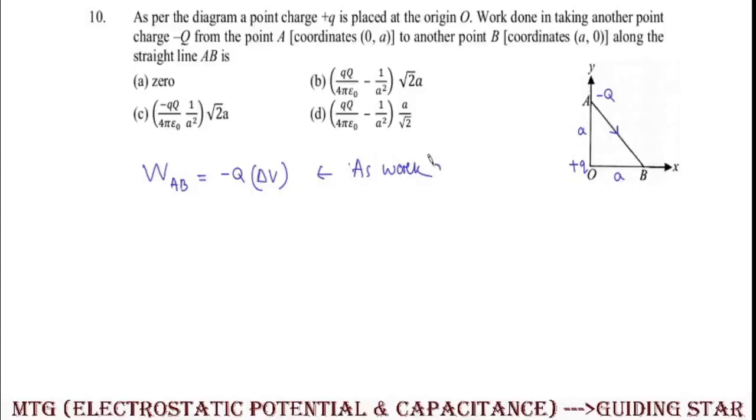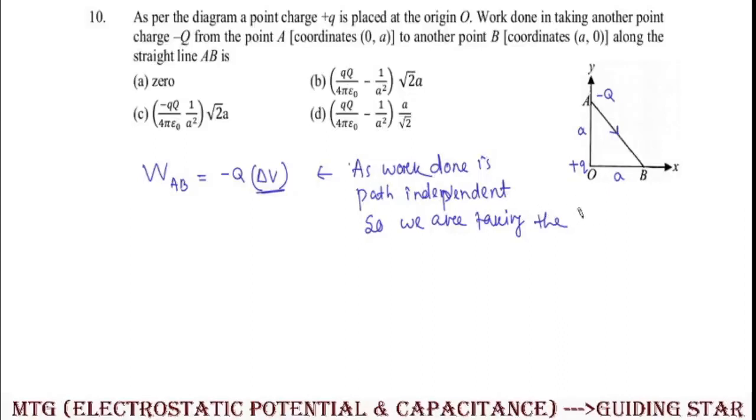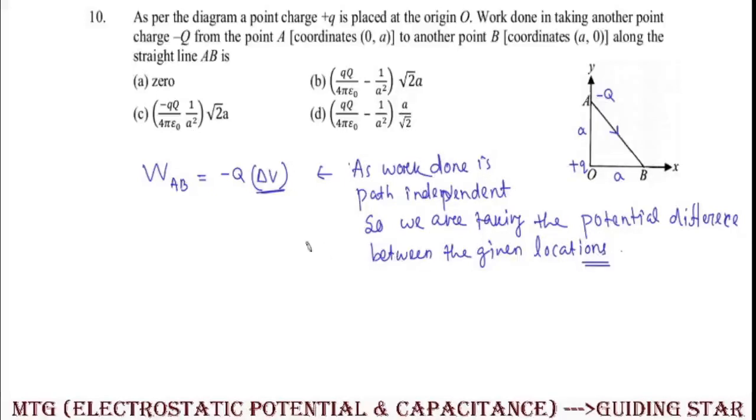Work done is path independent, so in this case we are taking the potential difference between the given locations.